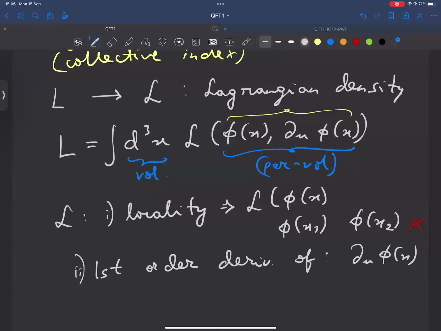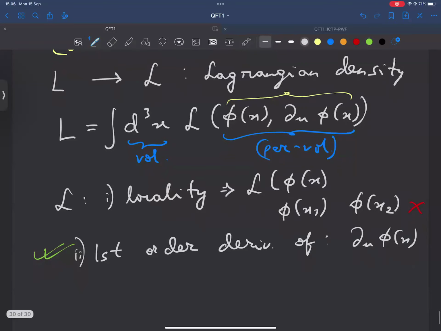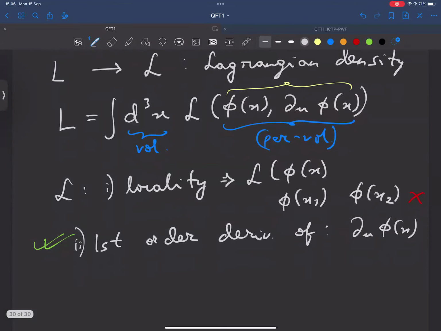This is actually something that can be relaxed and you can look at higher order derivatives. But there are some bad things that happen, and there are ways to deal with those bad things also, but I will not discuss them. For us, these two will be assumptions of all Lagrangians that we will write down. So don't dwell on what happens if you have higher order derivatives. Let's start with the simplest case, only one derivative of phi.